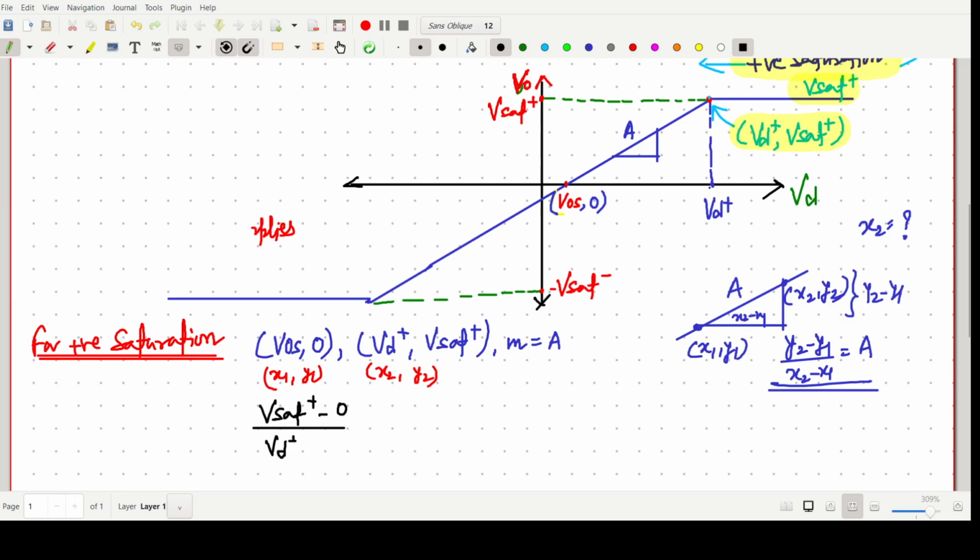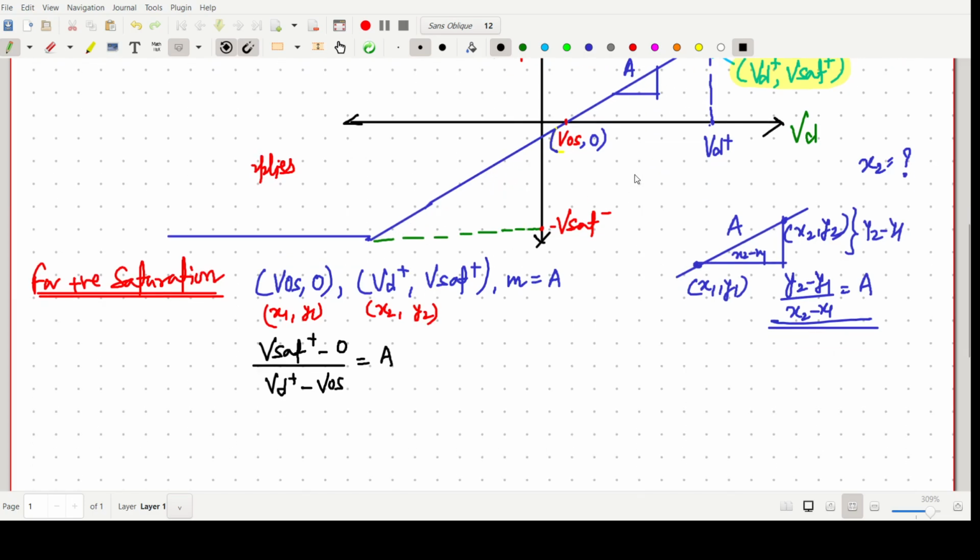So we have to write Vd plus minus Vos equals A. Simple straight line equation. Now one can write Vset plus equals A times Vd plus minus Vos.